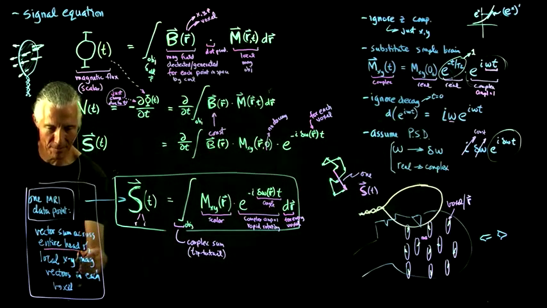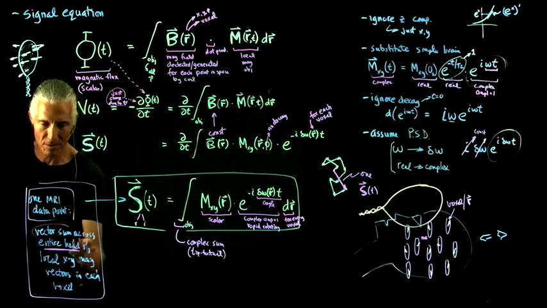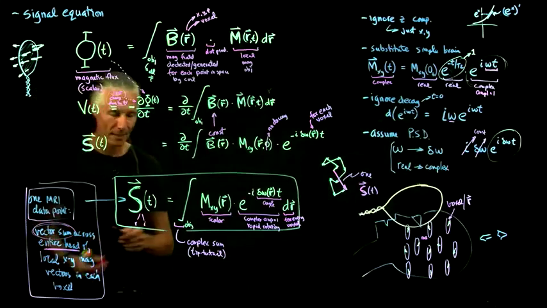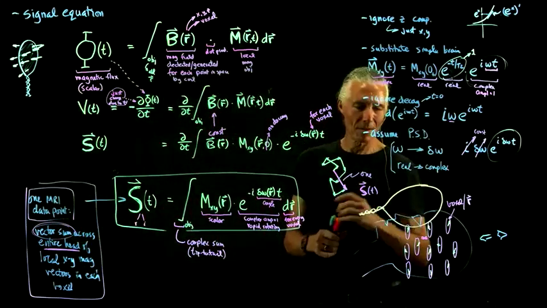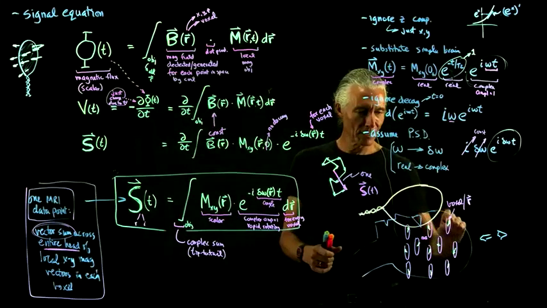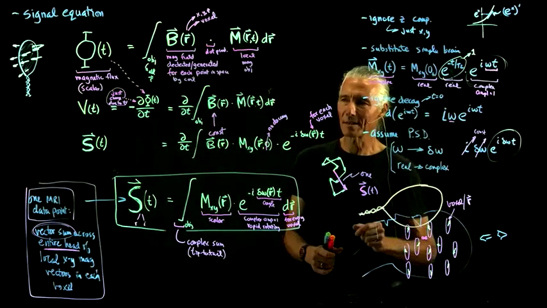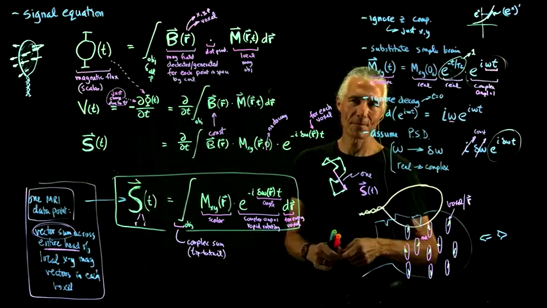That's one important point. All data points come from the entire head, but the other critical thing is that it's a vector sum. And you can't really understand this without getting the concept that it's a vector sum of these local XY magnetizations across the entire head.